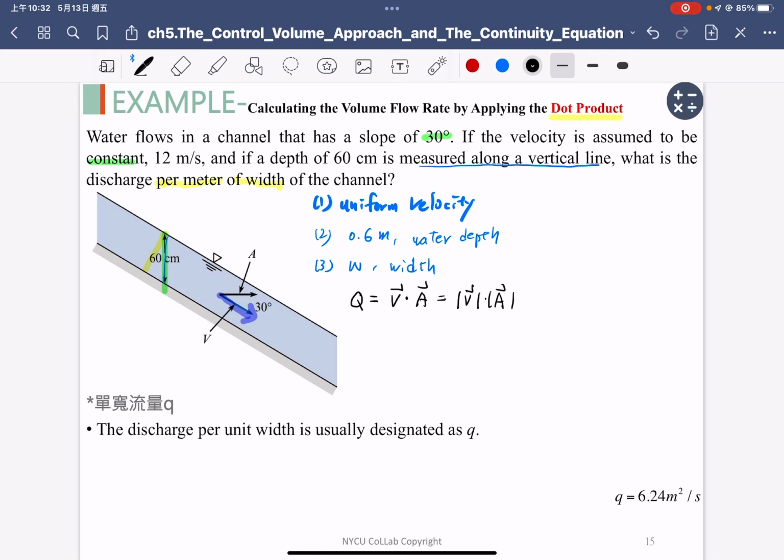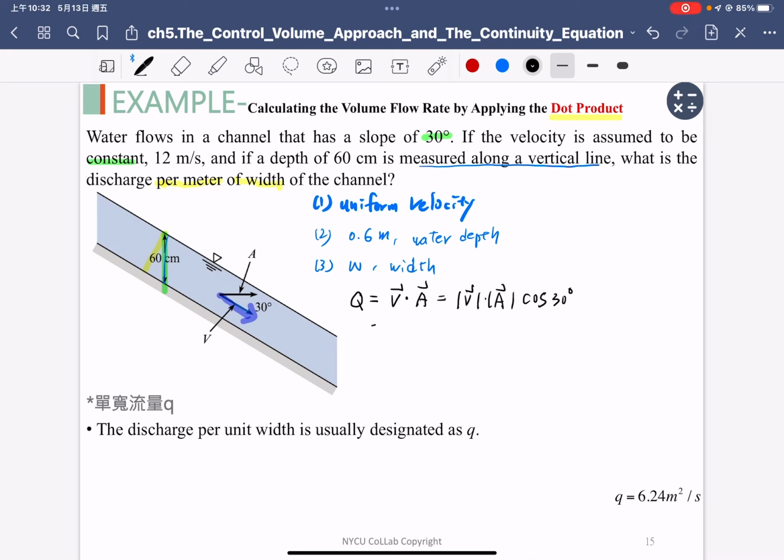Because this is a dot product, we need the cosine of theta, right? And we know the intersection angle between the velocity and the cross-section area is 30 degrees, so this is the cosine of 30 degrees.